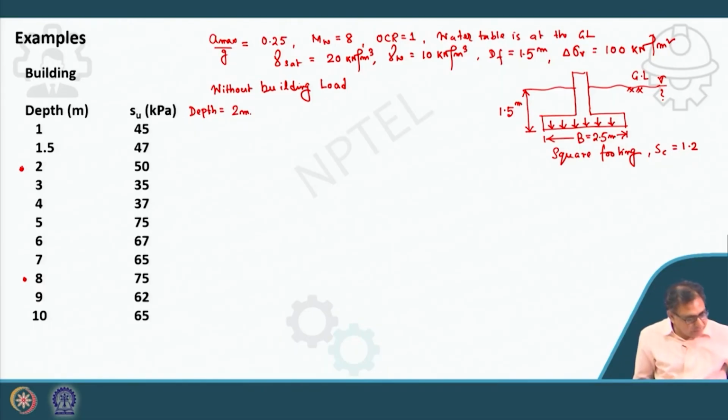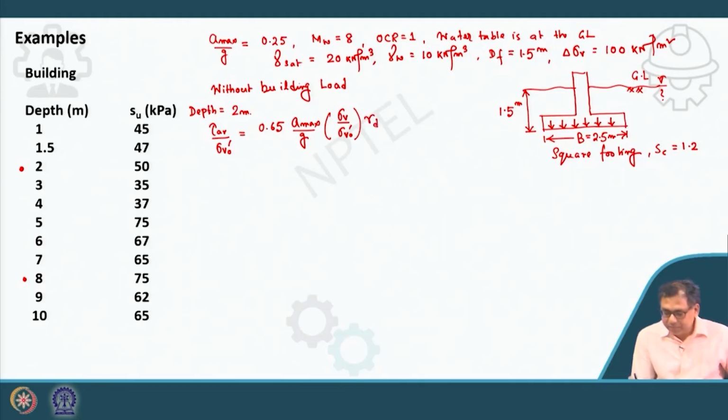So for 2 meter depth, this is my CSR, or tau average by sigma v dash 0, that is equal to 0.65 Amax by G, sigma v by sigma v dash 0 into RD.